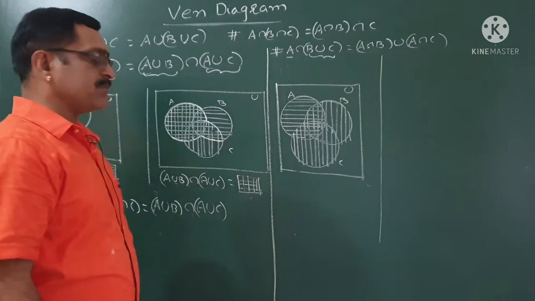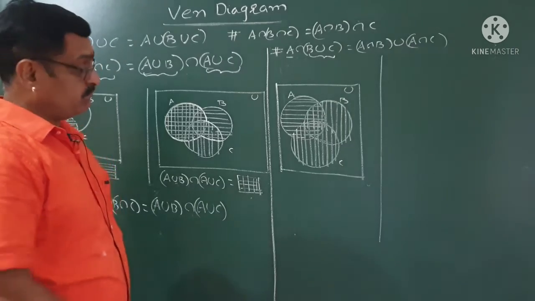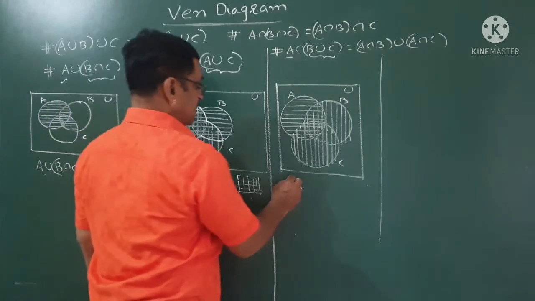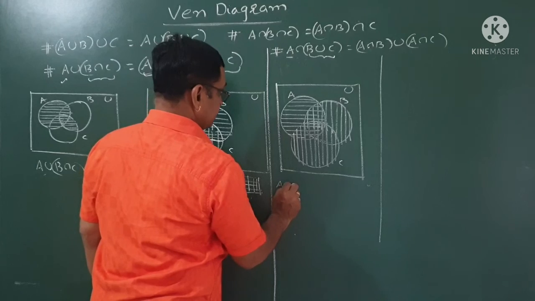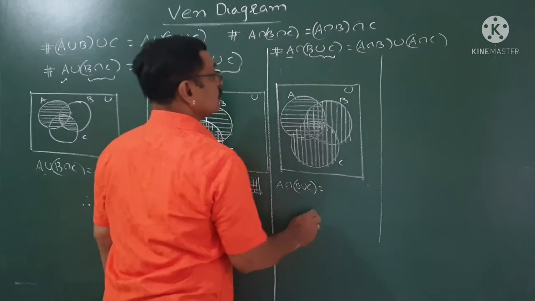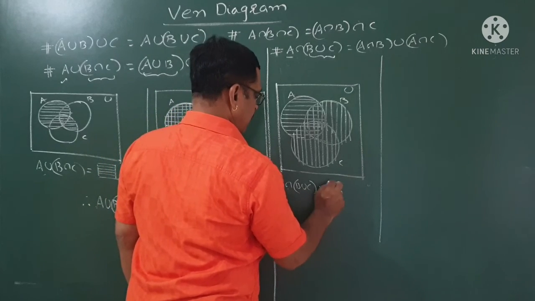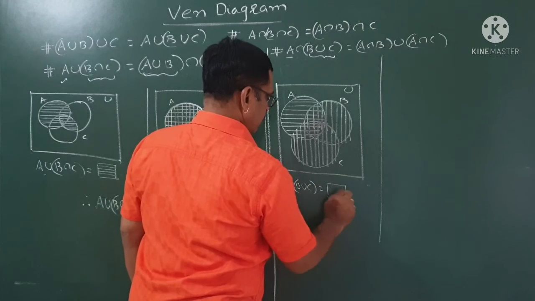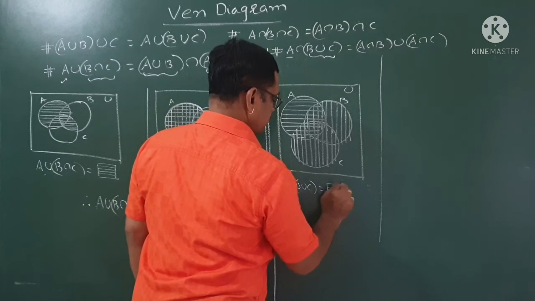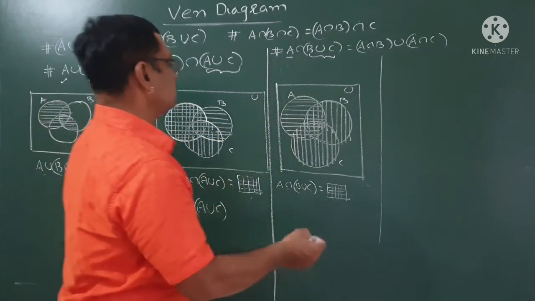So horizontal lines represents A, whereas vertical lines represents B union C. Let us see what is going to happen for that side also. A intersection (B union C) is equal to, I have here vertical lines, horizontal lines. Come to that one.